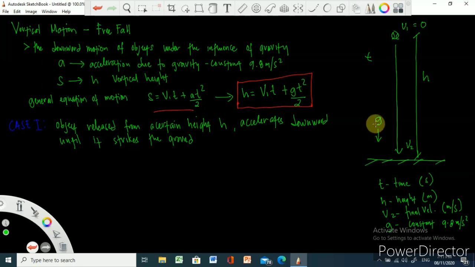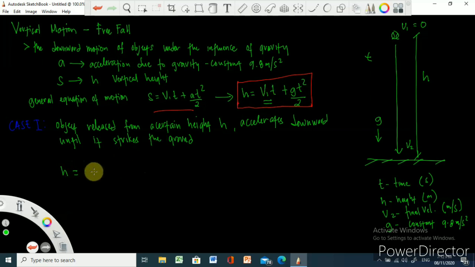So, how will we solve the height from which the object was released? So, yung height mo, since V1 is 0, since 0 itong initial velocity natin, then cancel na yung V1 times time.